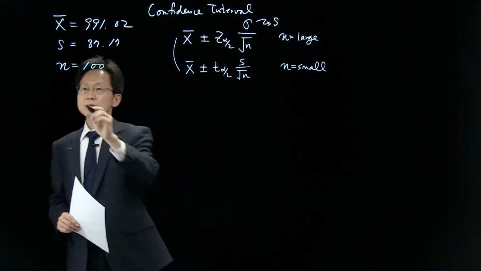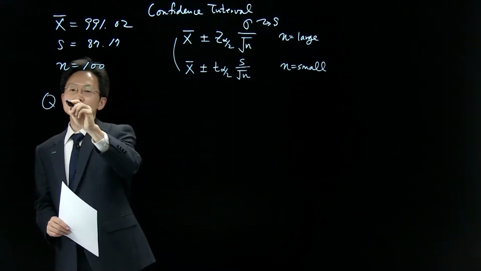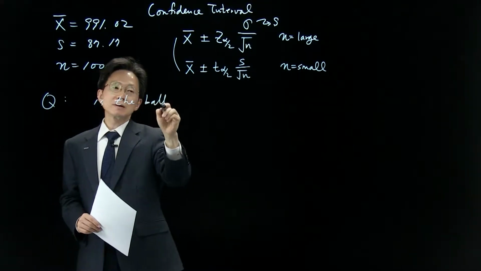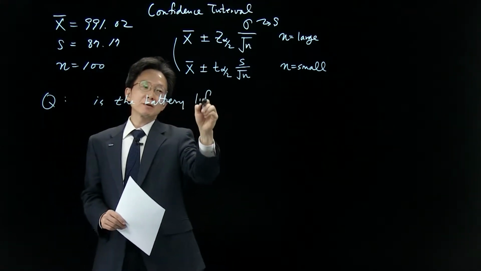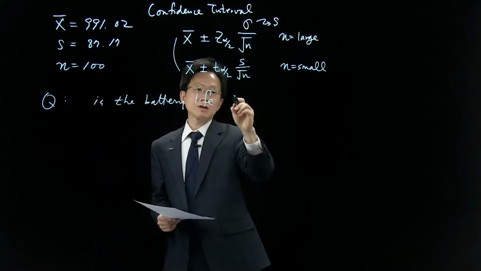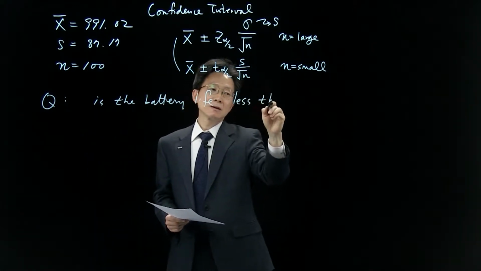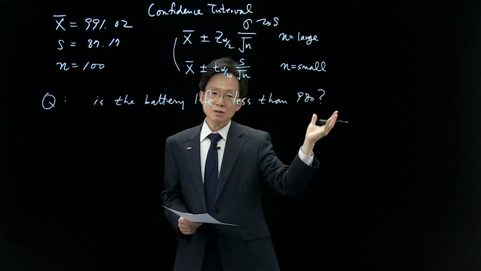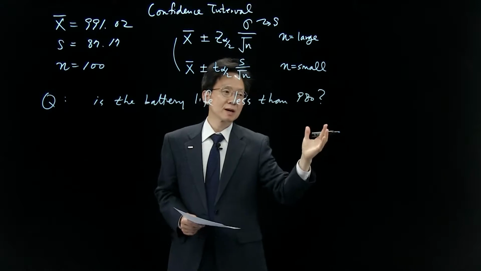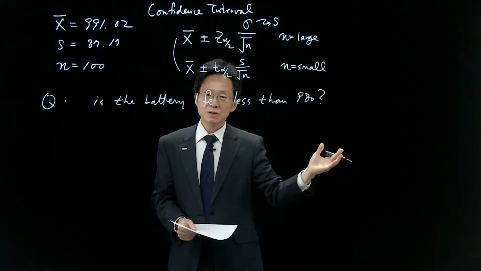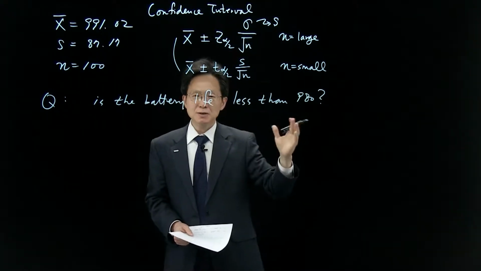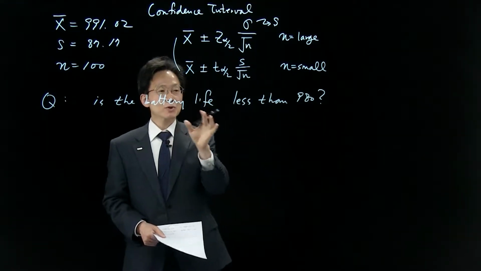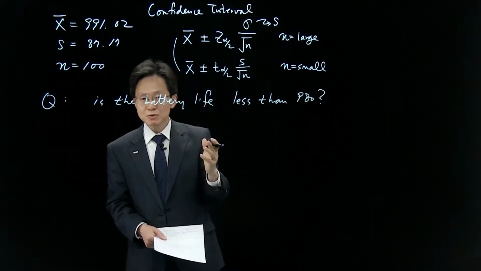For example, let's say some people ask us, is the battery life on average less than 980 hours or longer than 980 hours? Somebody might ask something like this, right? And if we want to answer that question, we probably want to calculate some probability.